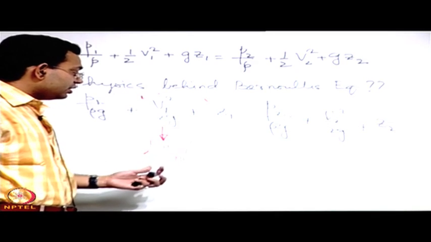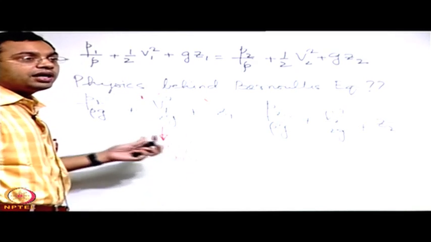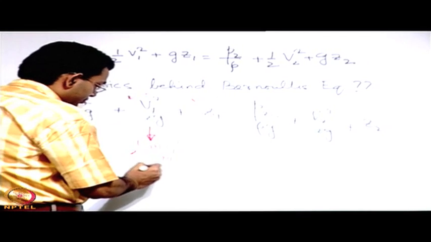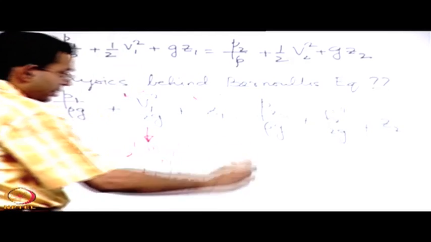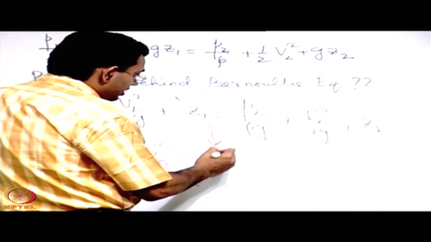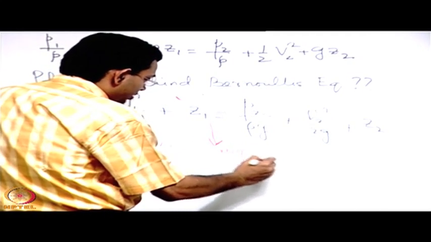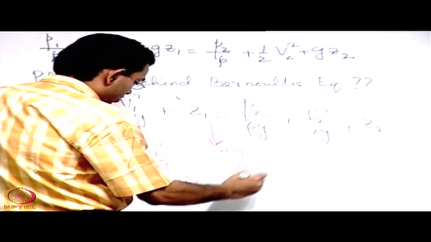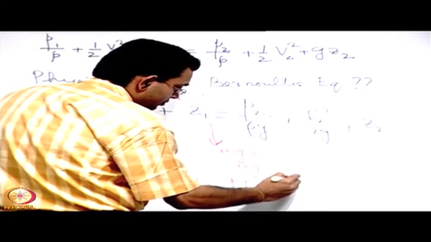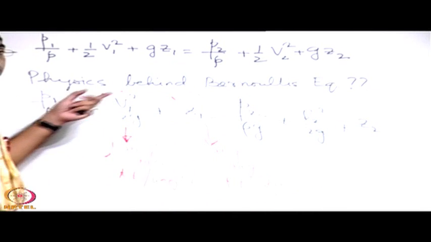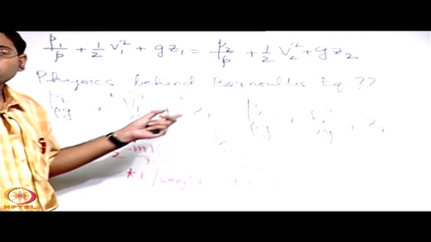That means this in a way represents kinetic energy per unit weight. Similarly, this can be written as mgz1 divided by mg. So, this is potential energy per unit weight. So, you can see that these terms are therefore representatives of energy per unit weight.